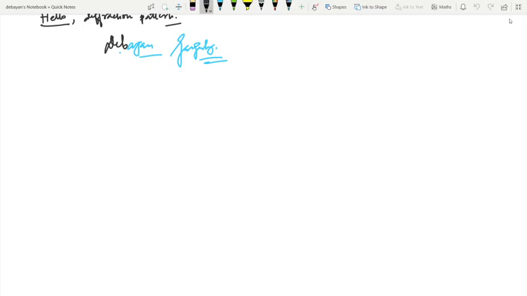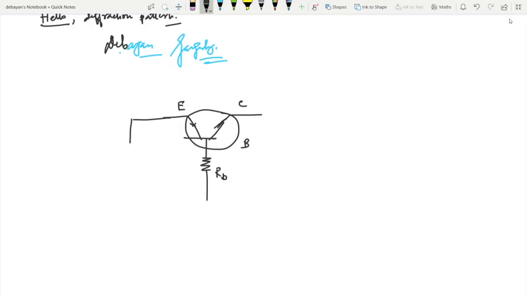ধরো এরকম একটা ট্রানজিস্টর দেওয়া আছে, this junction is emitter junction, this is nothing but the collector, and this is base, and this is a simple resistance which is RB, and a battery is connected there, that is plus minus 9 volt, and a resistance RL is connected there.